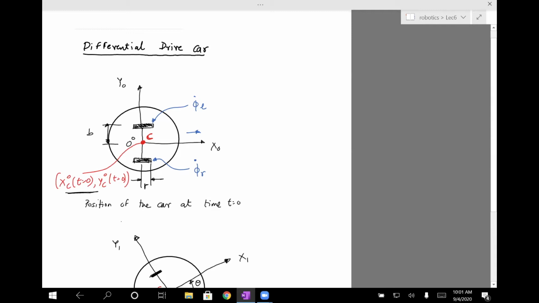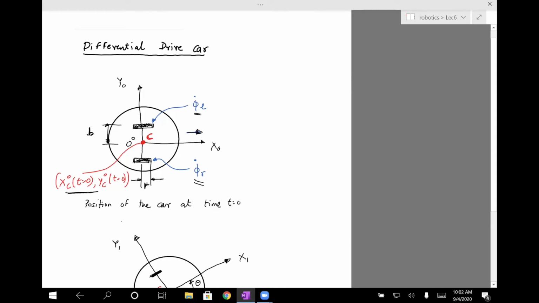If you think of the car moving to the right, like I've shown here, then the wheel to the right as you're going forward is denoted by r, and the speed of that wheel is v dot r, and the other one is the left wheel, and so that speed is v dot l. The parameters of the car are b, which is half the width of the car, so the width is the distance between the two wheels, and r, small r, is the radius of the wheels.